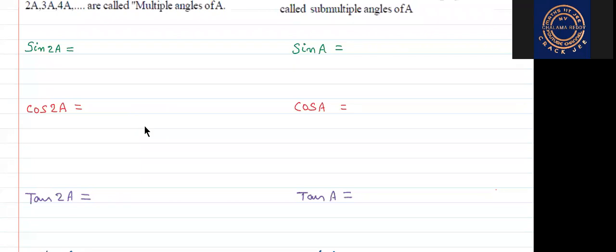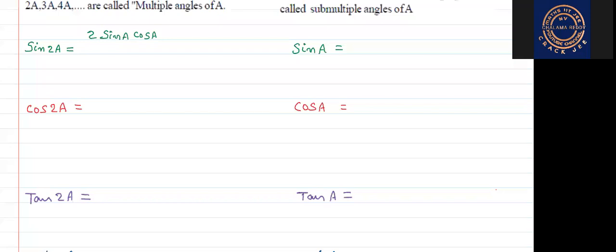Students, see sine 2a. What is the sine 2a formula? That is 2 sine a cos a. This is in terms of sine and cos. The sine 2a formula is there in terms of tan also.